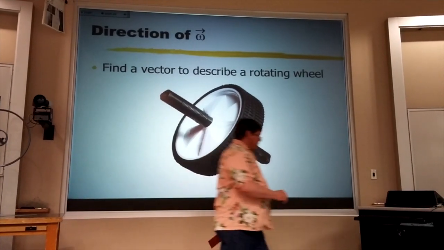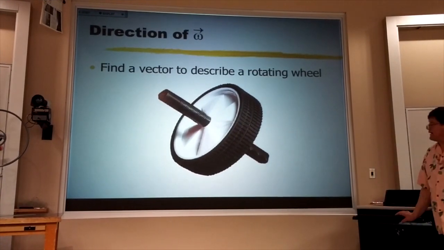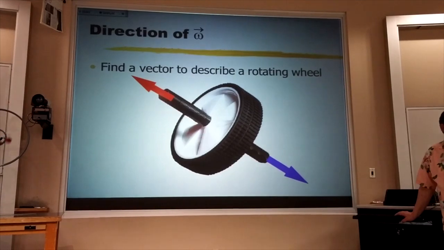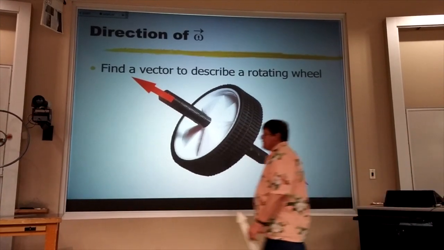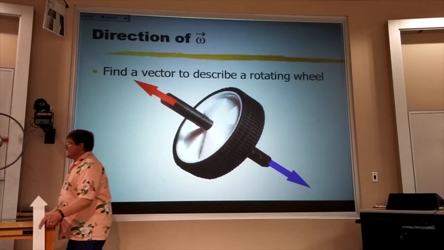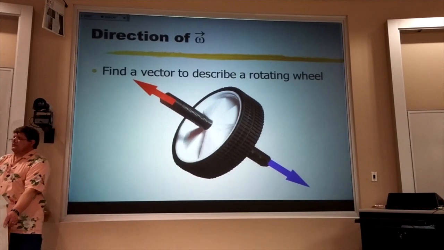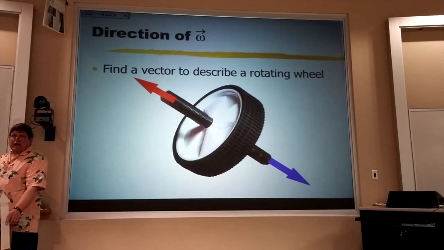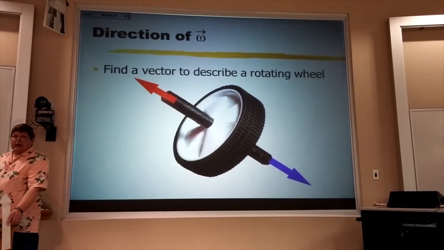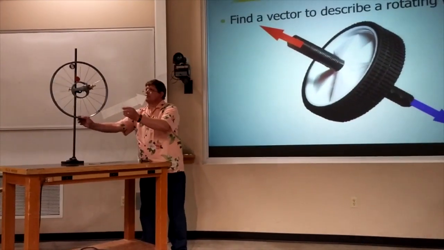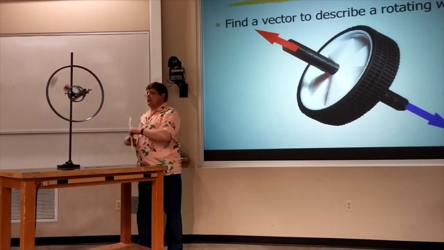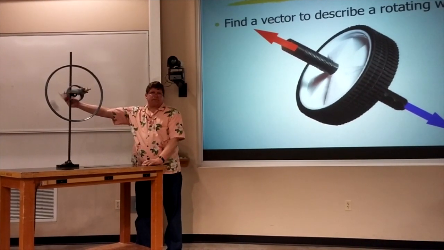Now, it turns out that there's 2 ways to point along an axis. I can point that way or that way, which is convenient because once I've defined an axis, there's 2 ways to rotate about that axis. And so we assign one of those rotations this direction, we assign the other rotation the other direction.